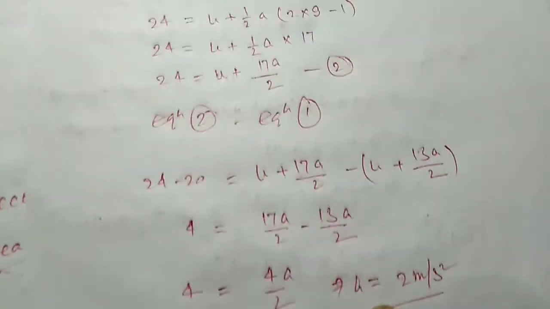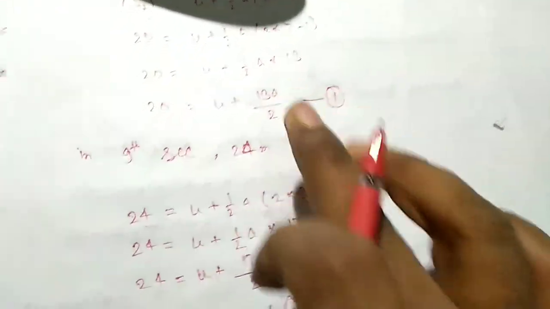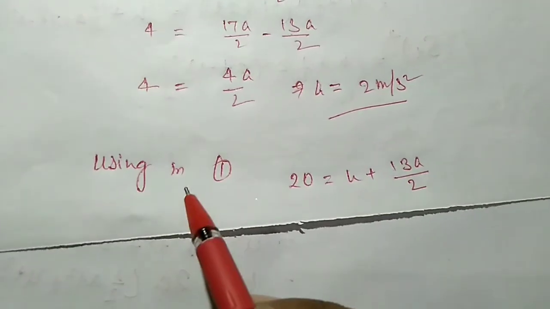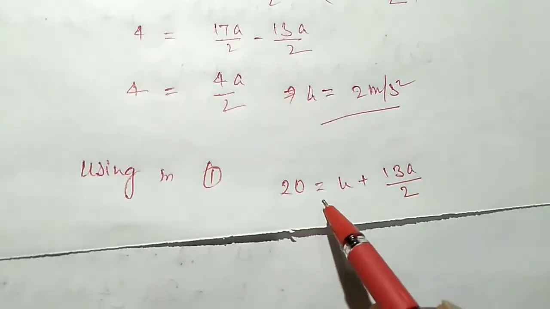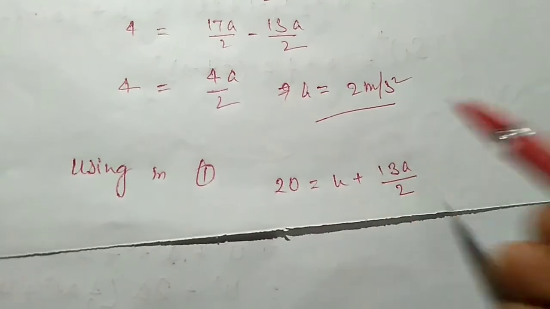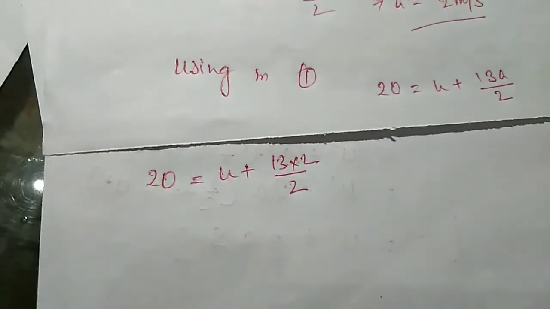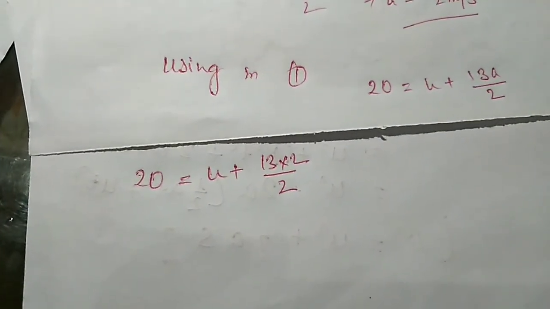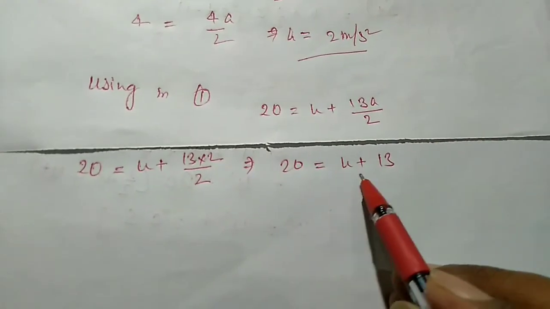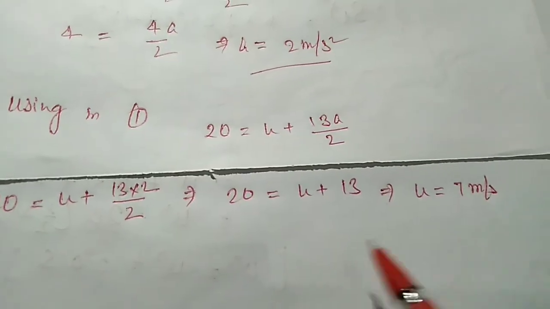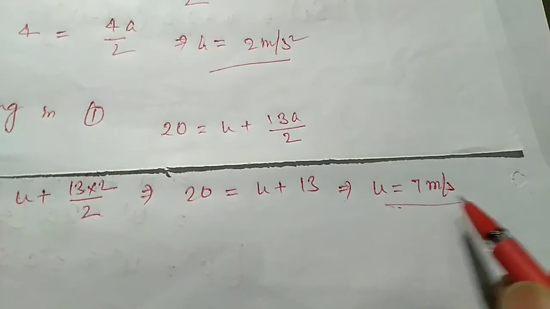Now use this value and put it in equation 1 or 2, you will get the value of u. So I am using it in equation 1, that is 20 is equal to u plus 13a by 2, a value is 2. That means 20 is equal to u plus 13 into 2 by 2. This implies 20 is equal to u plus 13, or u is equal to 7 meter per second.